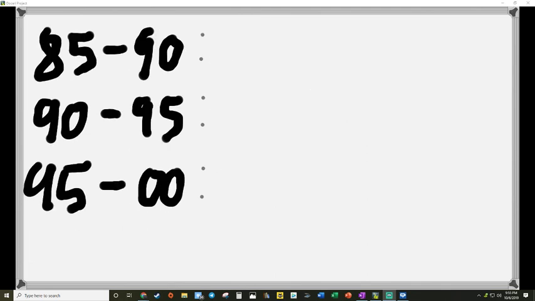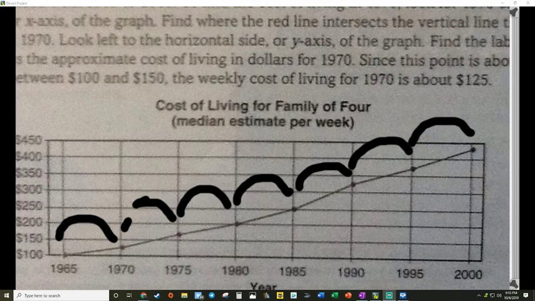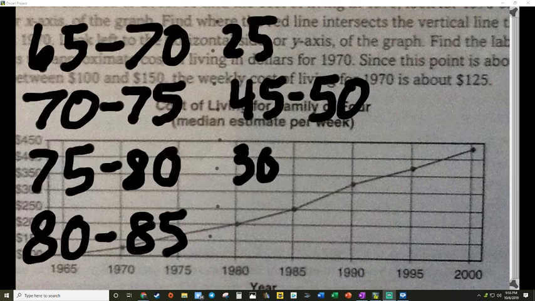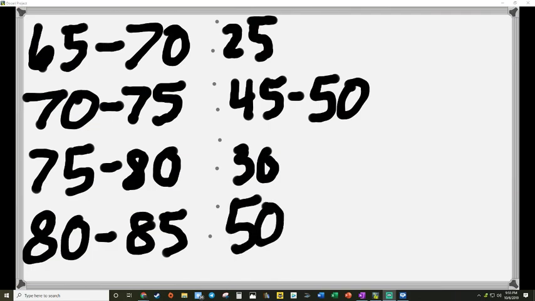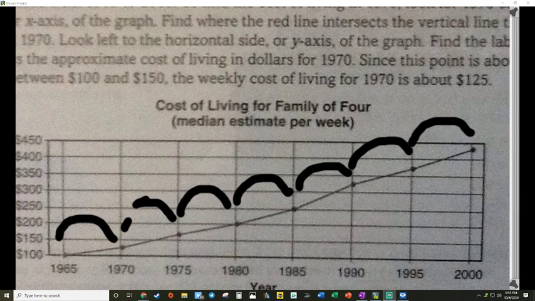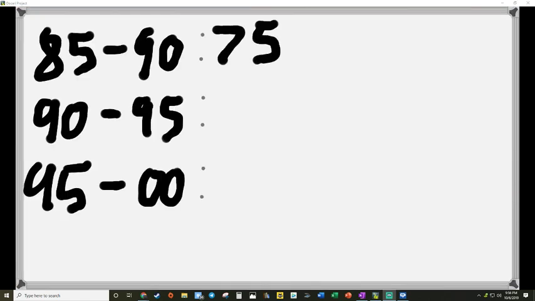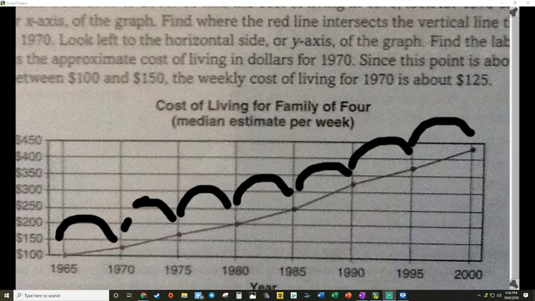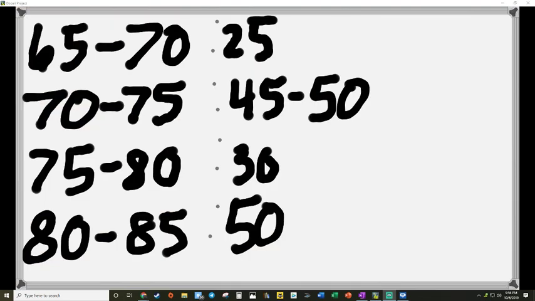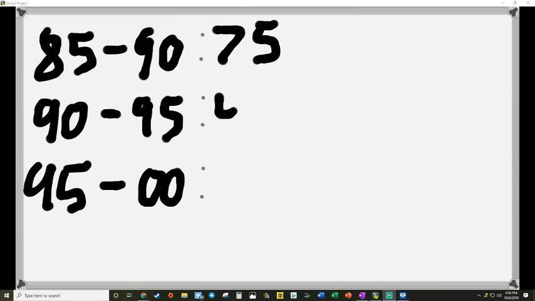80 to 85. 80 was 200 and 85 was 250. That one's easy, that's 50. Now 85 to 90. 85 was 250 and 1990 is about 325, so that's a $75 difference. 90 to 95. 325 to 375, that's about 45 to 50.